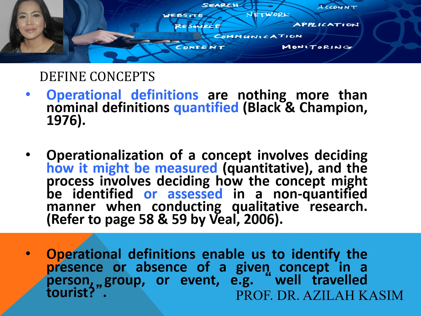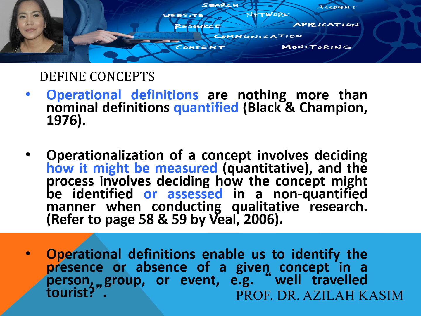One example given here is a well-traveled tourist. Well-traveled tourist is very abstract. So how do you operationally define well-traveled? How far does the tourist have to go, in terms of distance for example, to be considered a well-traveled tourist?